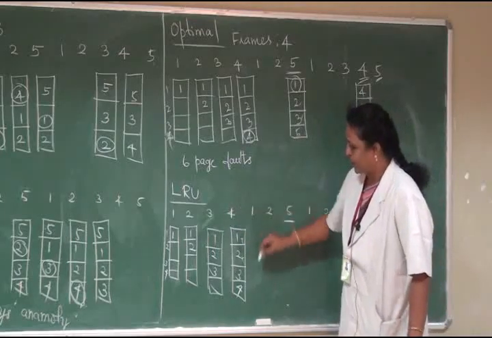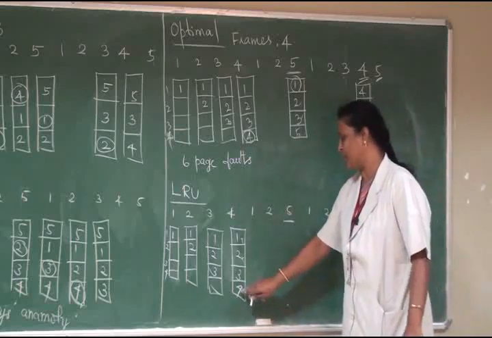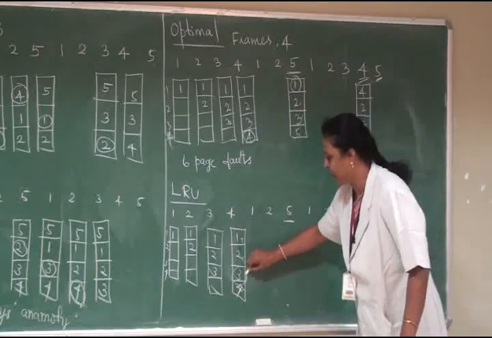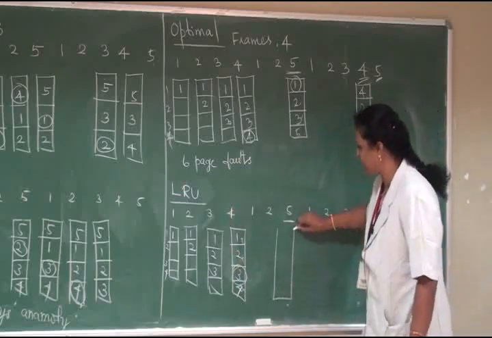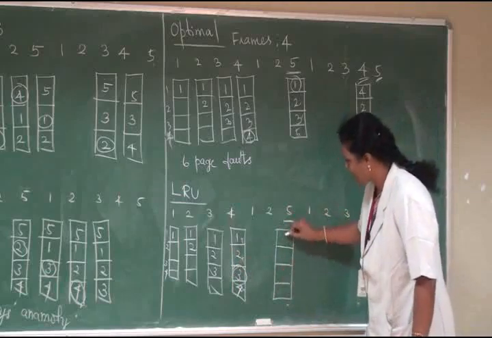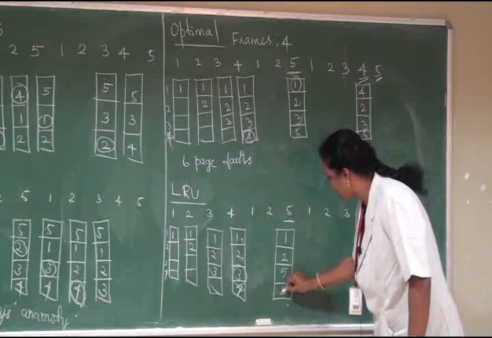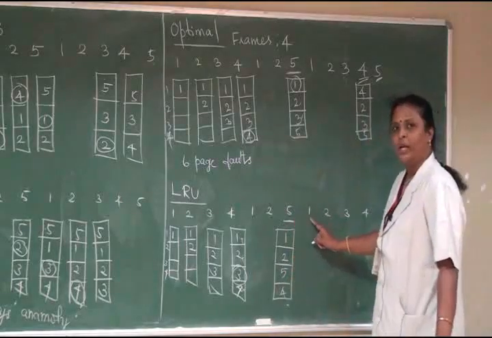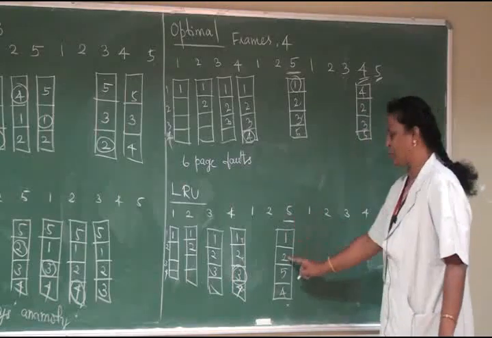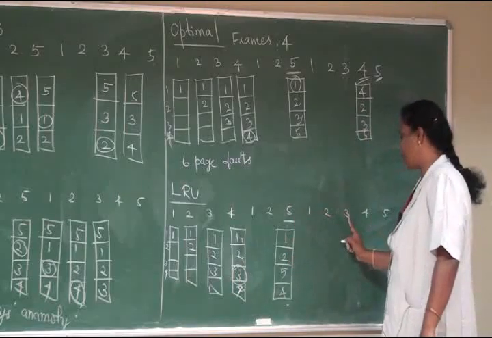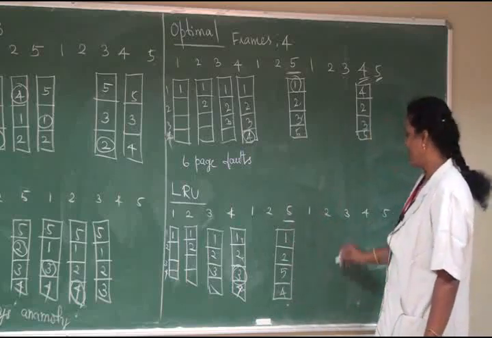Before that it accessed 4, so 4 is also not selected as a victim page. So definitely 3 is selected as a victim page. So 3 is replaced with 5 here. And then it tried to access 1, which is there, and the next page 2 is also there. Now it wants to access 3, which is not available here, so it has to select the victim page.